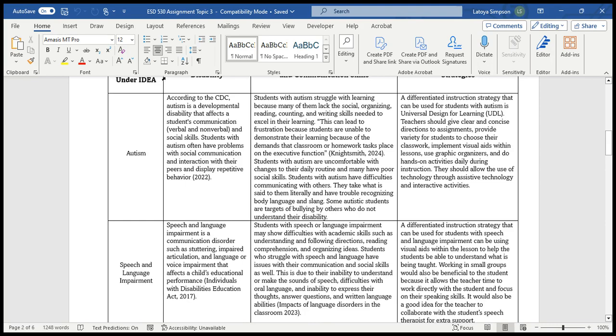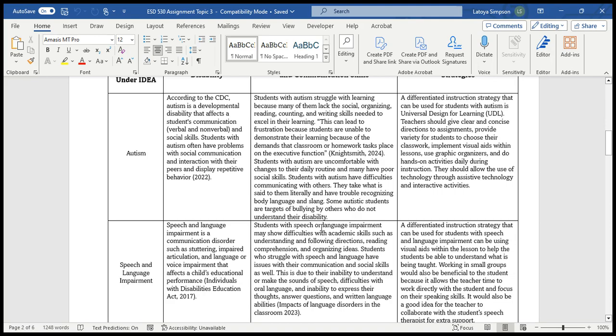Our next disability is speech and language impairment. Speech and language impairment is defined as a communication disorder such as stuttering, impaired articulation, and language or voice impairment that affects a child's educational performance.